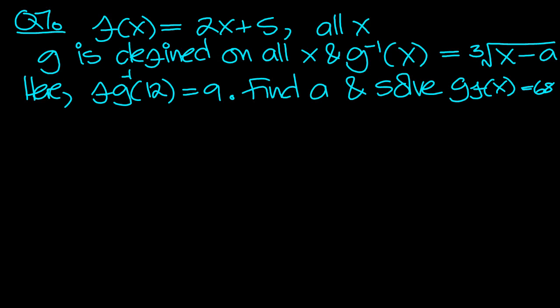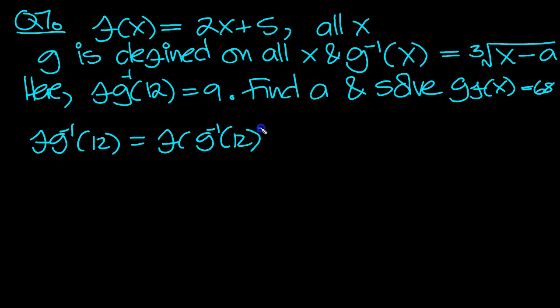So here's the question in summary form. Find a. f of g⁻¹ of 12 is equal to f of g⁻¹ of 12, which equals, put 12 in here, f of the cube root of (12 − a).